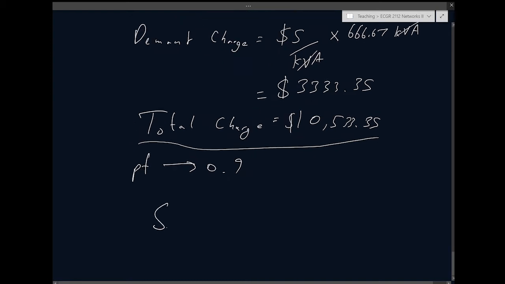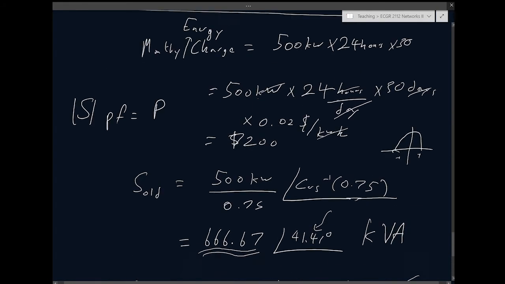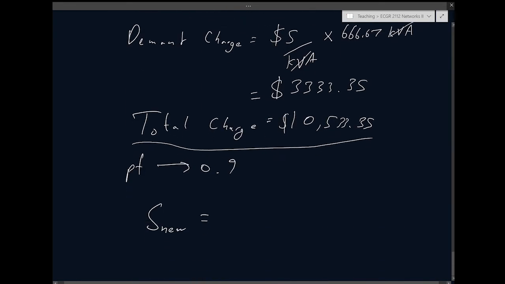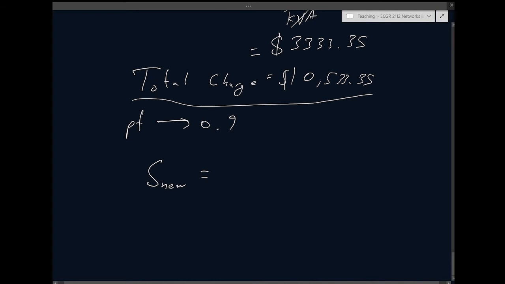What's the S new in this case? So we want to calculate their new kVA now that they increase the power factor to 0.9. Their demand charge will be based on kilowatts again, right? But let's calculate their S new. It's going to be the new apparent power, with 500 kilowatts.